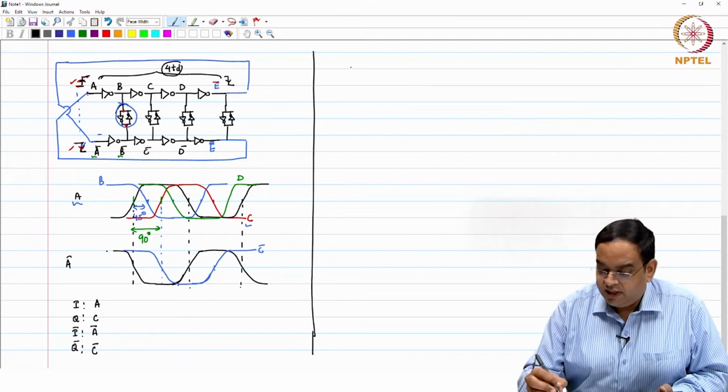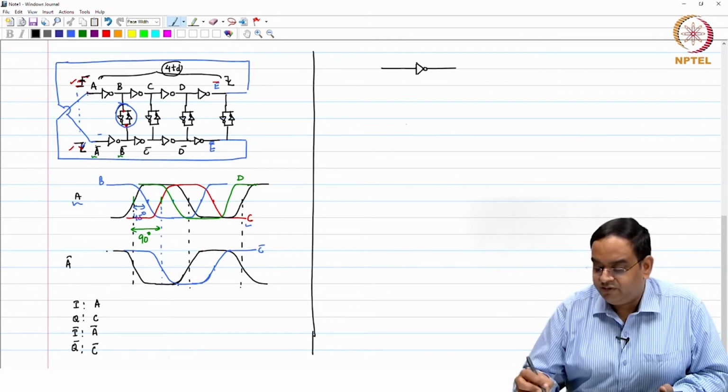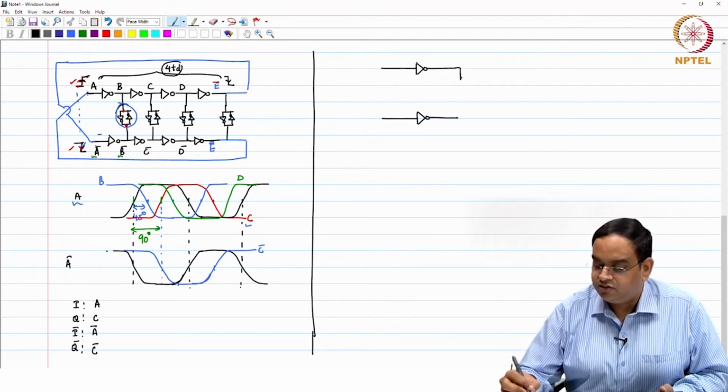Now, I will just take one cell or one part of this pseudo differential ring oscillator, because that is something which is repeated, and I have this cross coupled inverter. Okay.